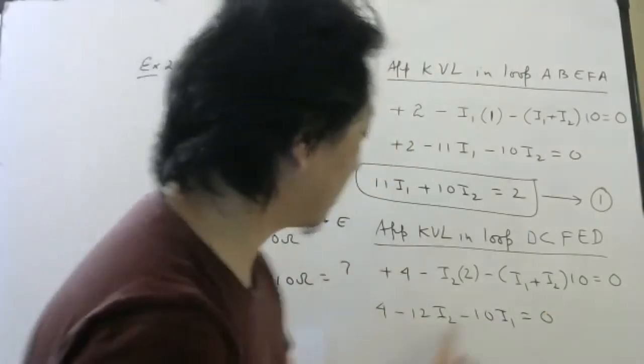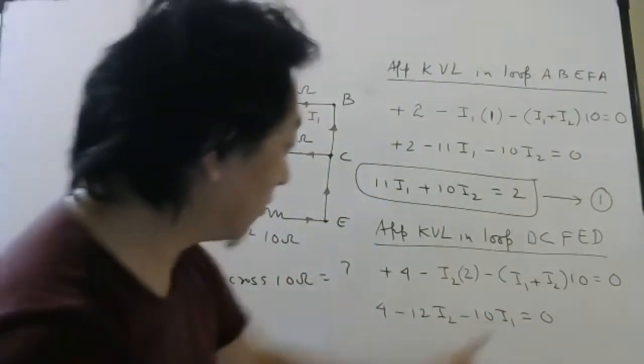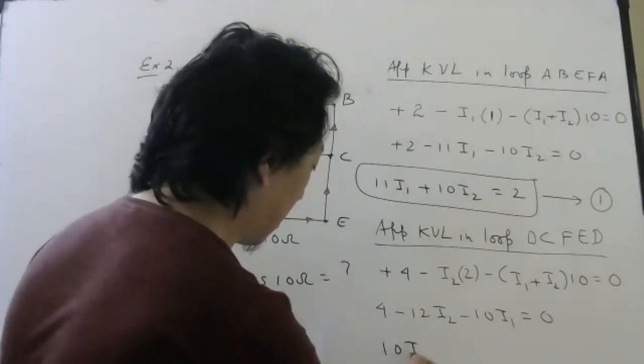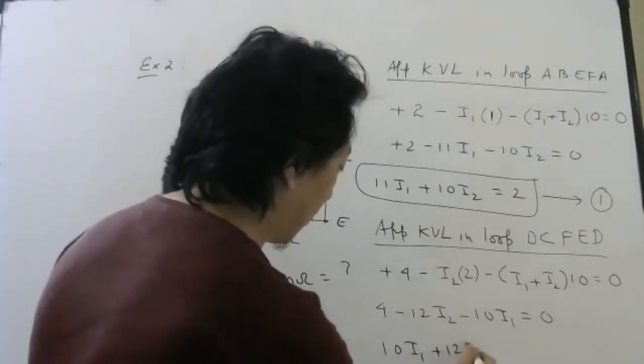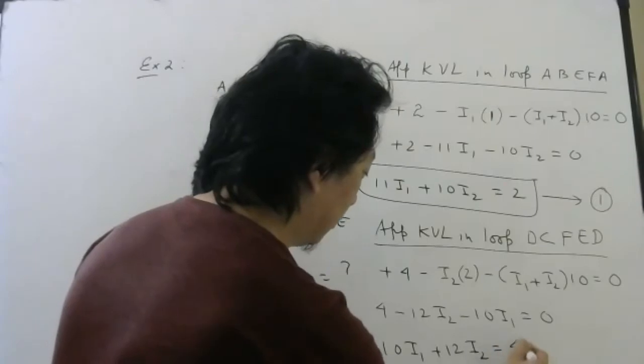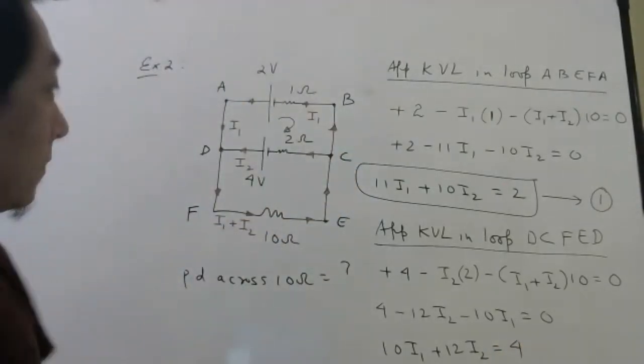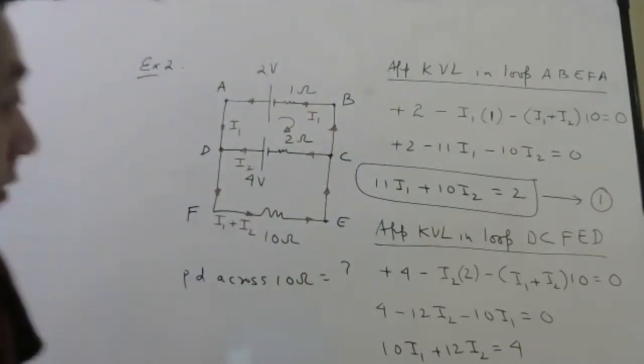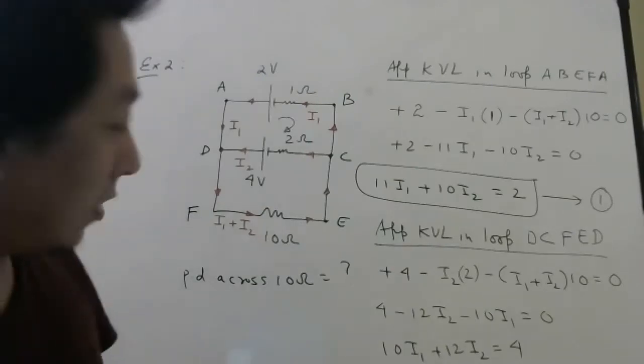Take this to that side. And better to write I1 first. So 10I1 plus 12I2 equal to 4. Okay. Write down quickly.